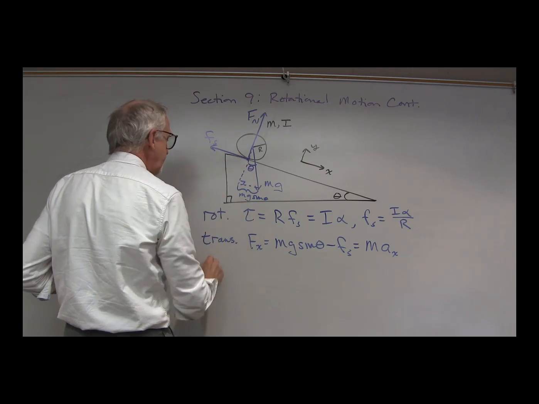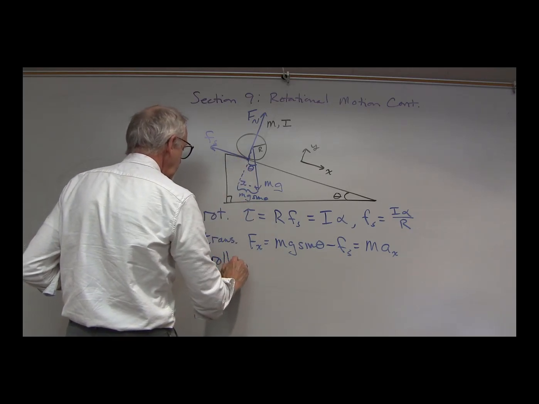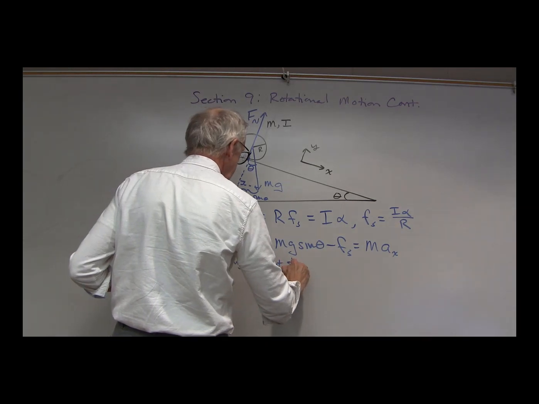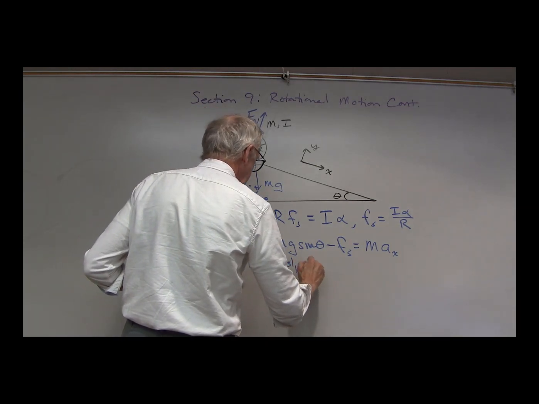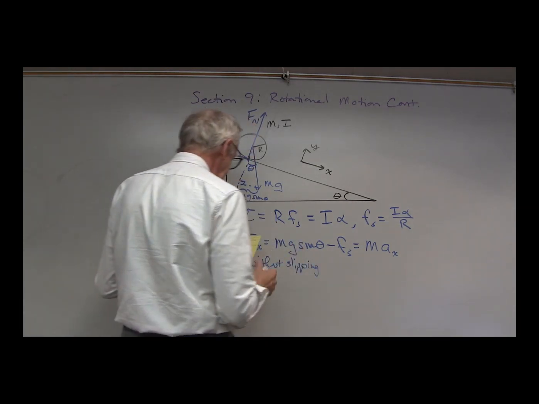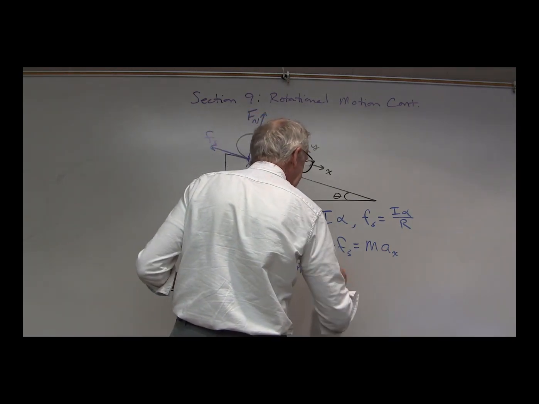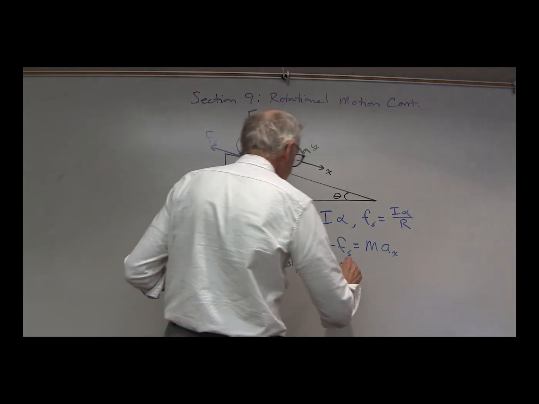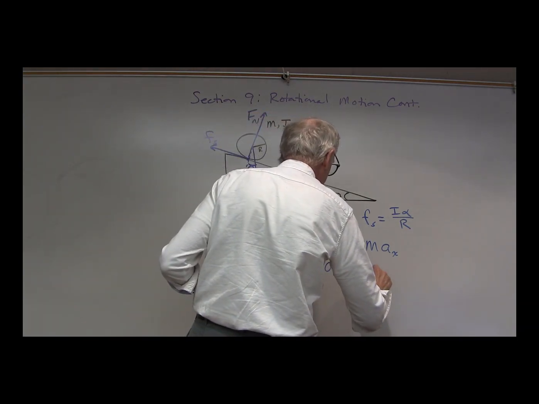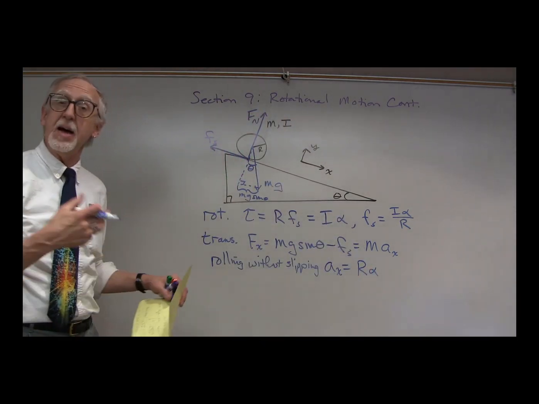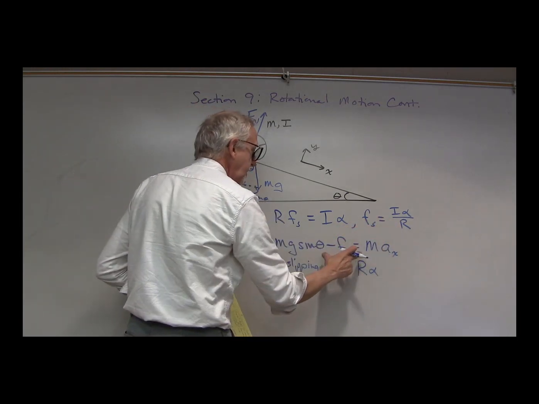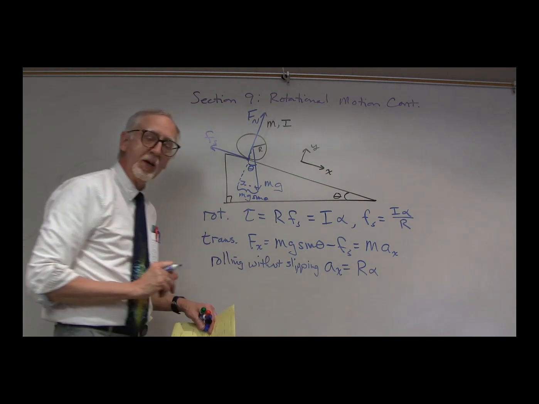Let's assume that this is going to roll without slipping. So in that case, we can say that the acceleration of the center of mass, in other words, a sub x, is equal to R alpha. That's our condition for rolling without slipping. Now we've got three equations, 1, 2, 3, and we can solve them.